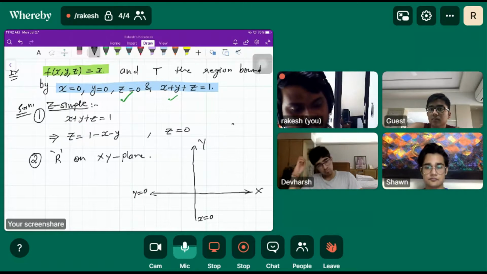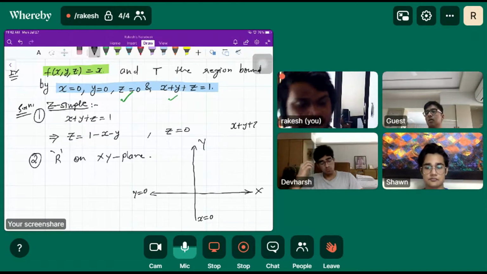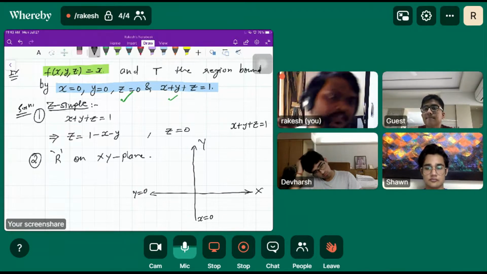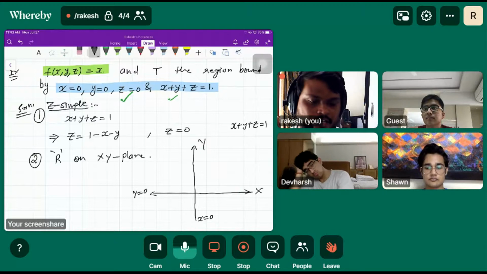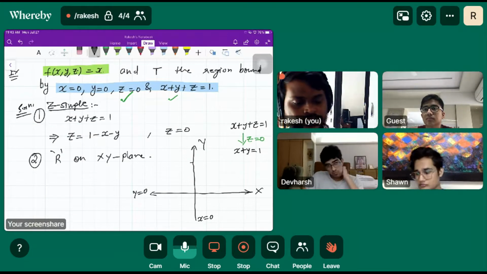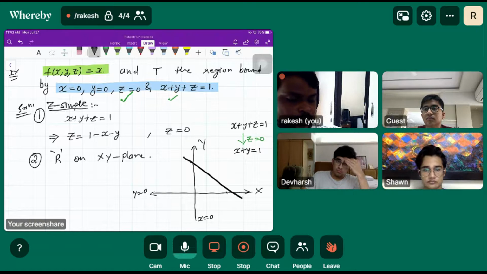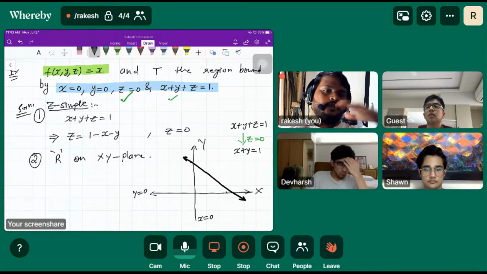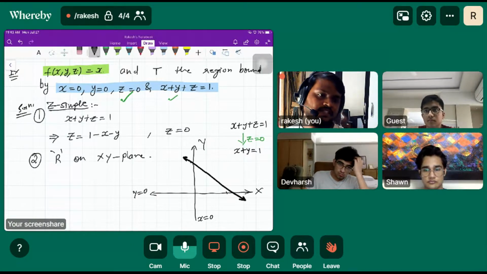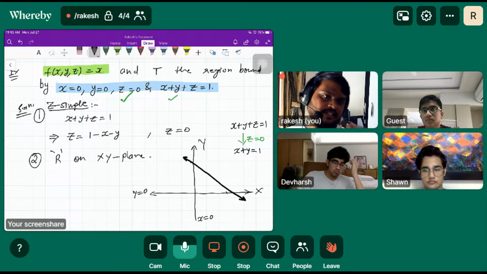See, if we have x plus y plus z is equal to 1, and we set z is equal to 0, because on the xy plane the z value is 0, that will give you x plus y is equal to 1, and we can draw that line on the xy plane. So that's a level curve, which is the intersection of the z is equal to 0 plane and the surface. Are you getting that?